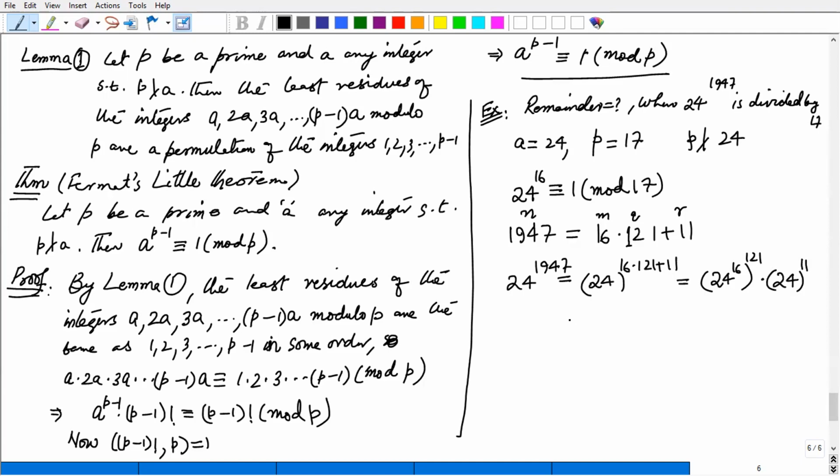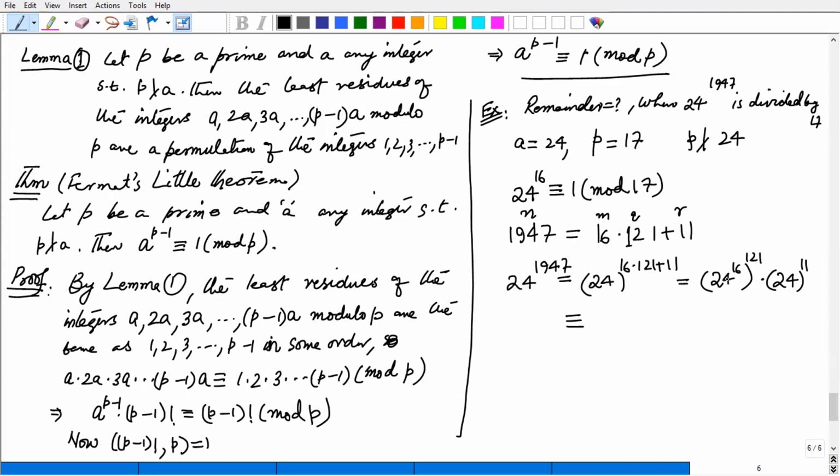Now use the congruence sign here, because whenever 24 to the power 16 is divided by 17, the remainder is 1.